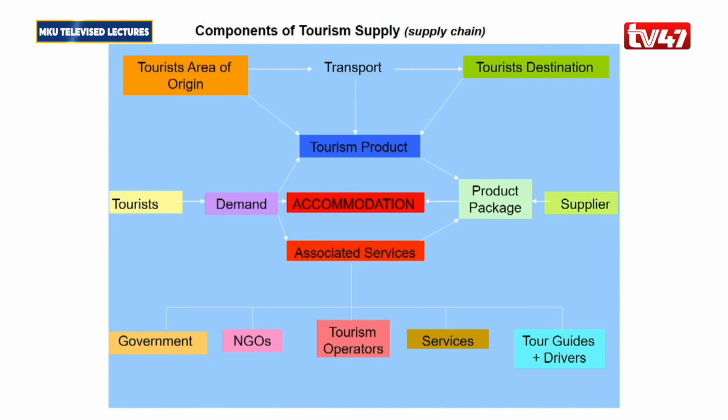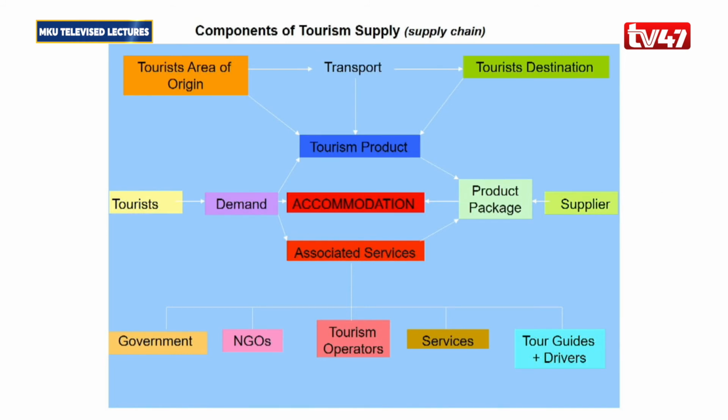From where they are coming from, they'll also be able to access the tourism product. With the tourism product, in this case we are talking about the accommodation factor and all the associated services that are coming in there. And we also create product packages for the same. And then tourists will have demand, and this demand will be of the product itself that we are looking for.